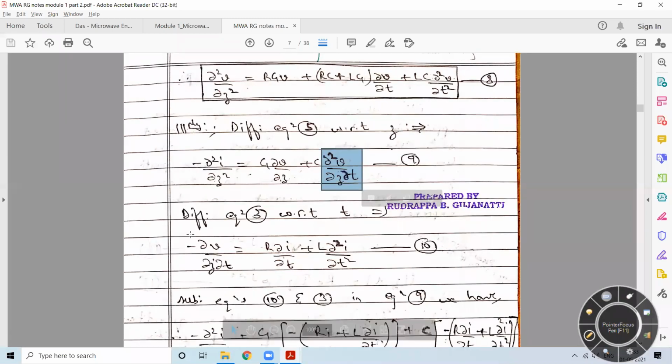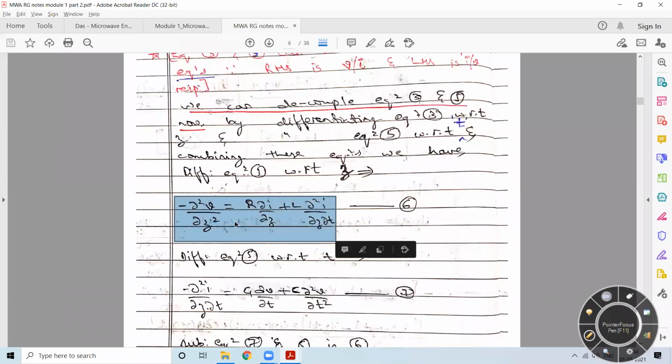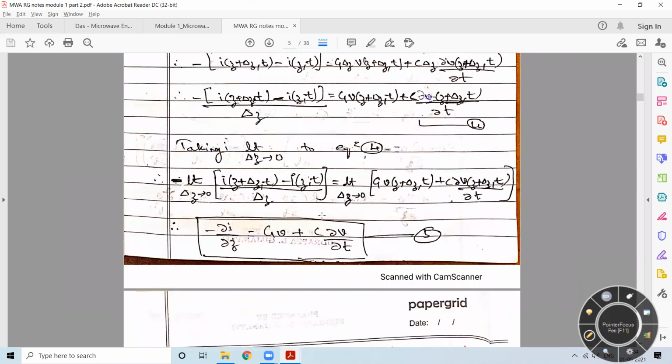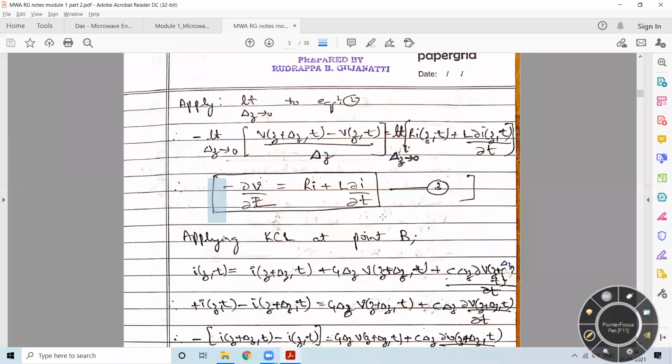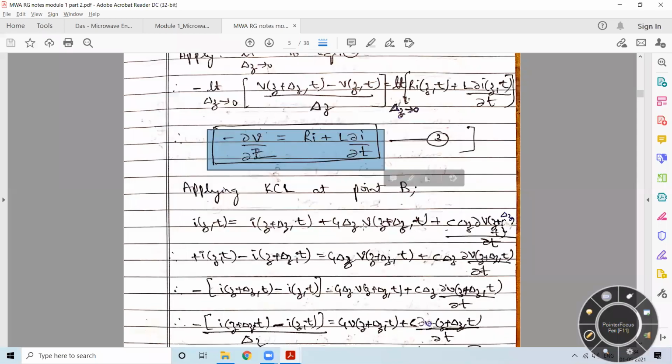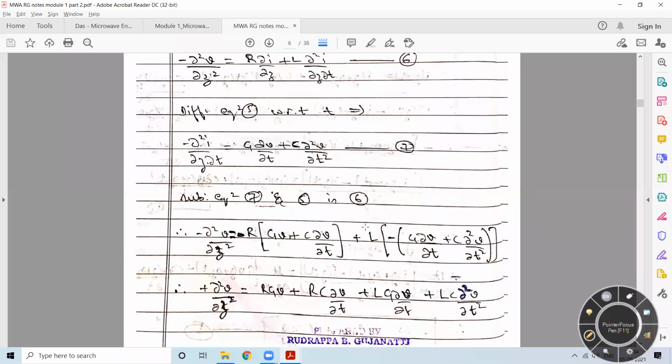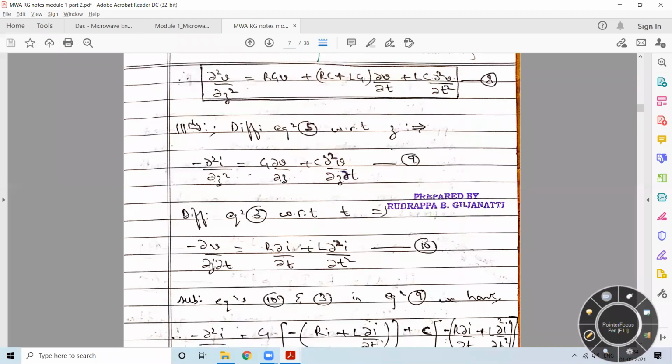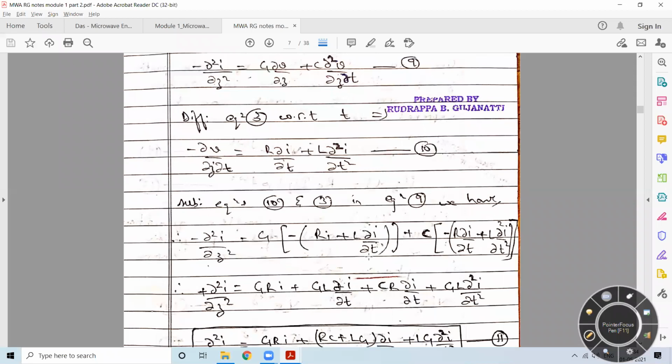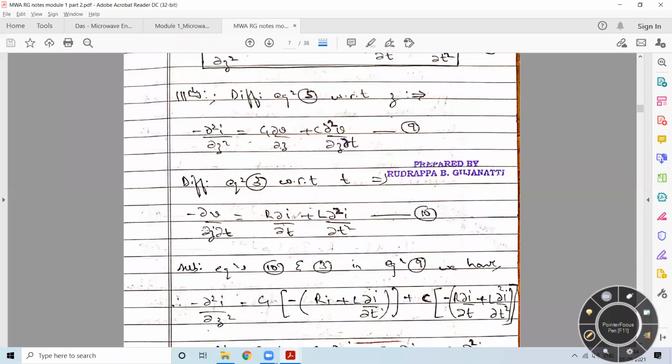In order to do that, what we do is we consider the basic equation, that is equation 3, and we differentiate this with respect to T. So when we do that, dou square V by dou Z dou T is equal to R into dou I by dou T plus L into dou square I by dou T square.